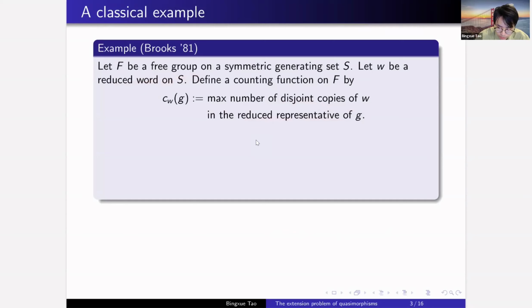For example, if you take W to be the word AB, and you take g to be ABABA, then C_W(g) is equal to 2.